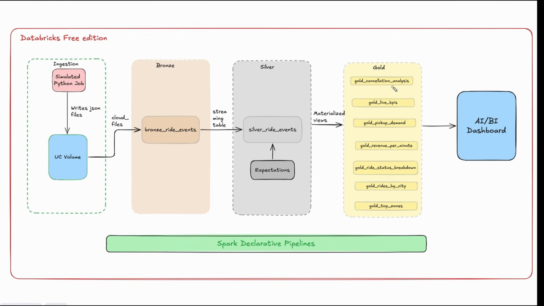Why do we want to materialize these? Because the reporting that we'll be doing with AI/BI dashboards, whatever you just saw at the start, will be quite a bit faster. I'll talk about how to create all these materialized views and how to use them in AI/BI dashboards, which is our built-in visualization tool in Databricks. I hope this makes sense.